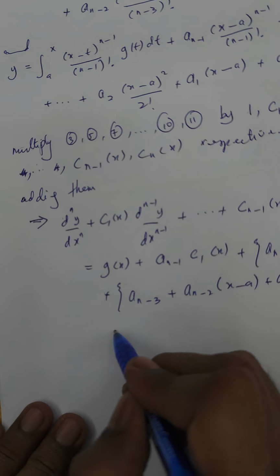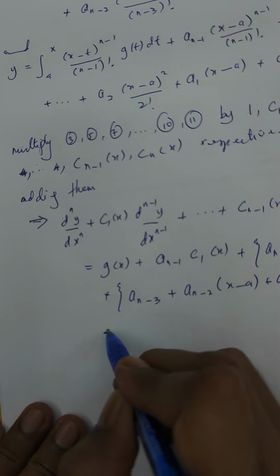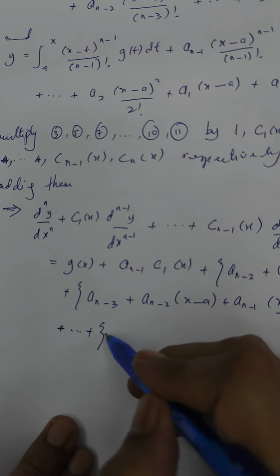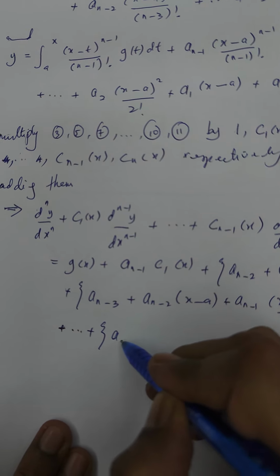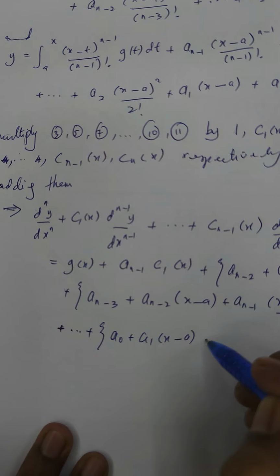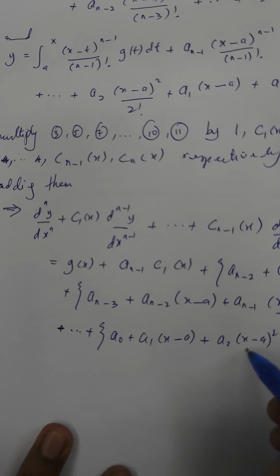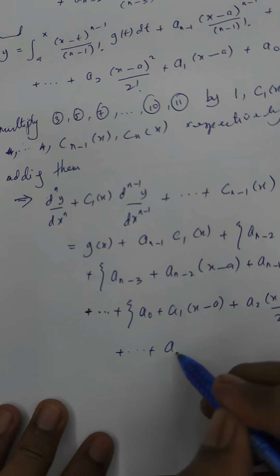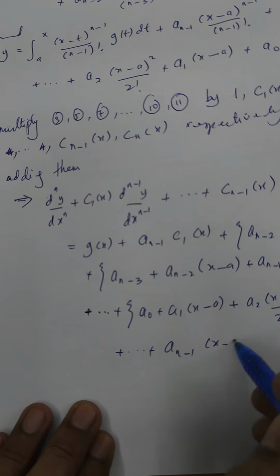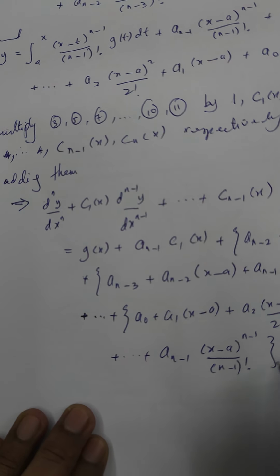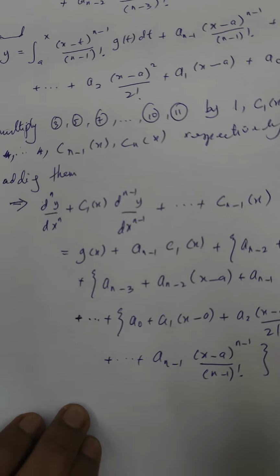Okay, so we can proceed this until we have a_0 plus a_1(x minus a) plus a_2 (x minus a) squared over 2 factorial, and so on, plus a_(n minus 1)(x minus a)^(n minus 1) over (n minus 1) factorial, times C_n(x).